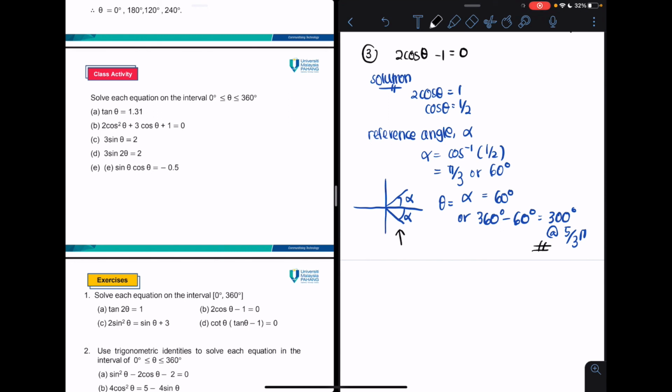Therefore, based on that fact alone, theta can be found in the first quadrant as 60 degrees. Meanwhile, the next possible value for theta is at the fourth quadrant. Since the way we measure our theta is always from the positive x-axis, therefore 360 degrees minus 60 degrees equal to 300 degrees, or equivalent to 5 over 3 pi.